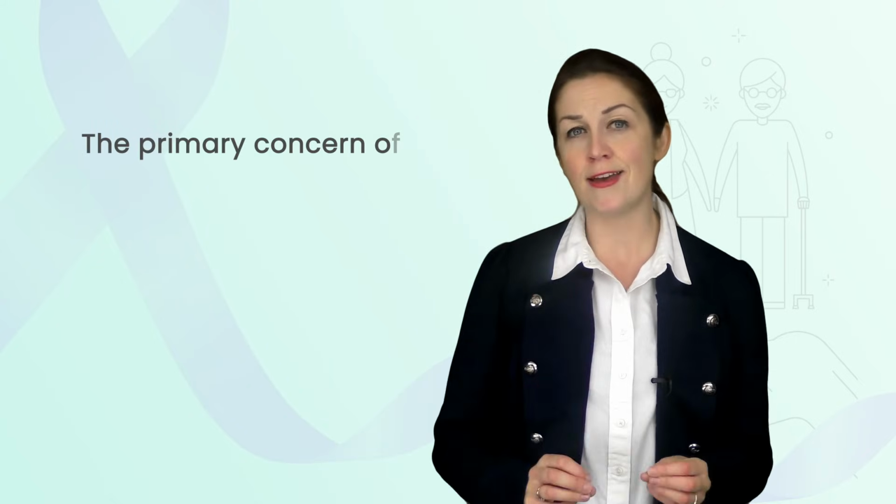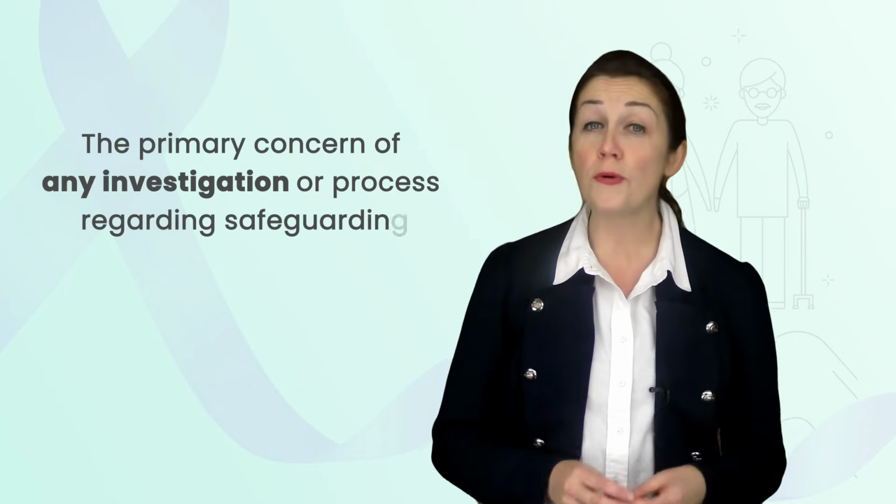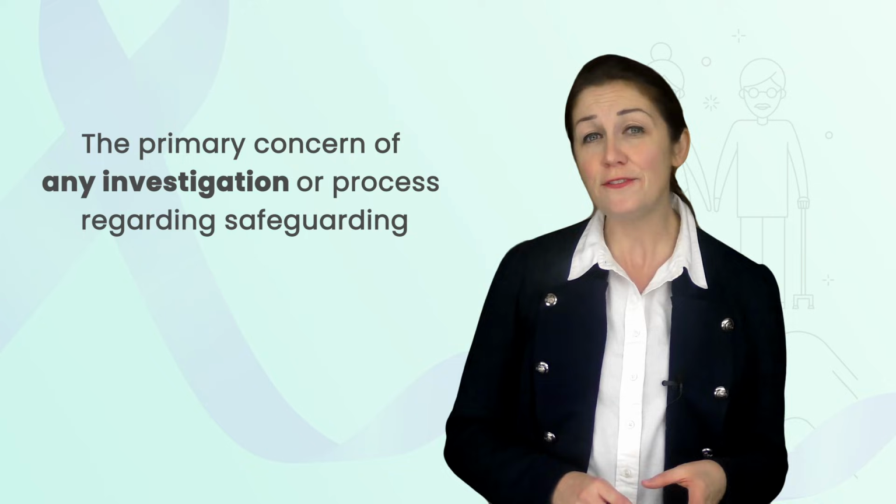Whilst the well-being of a vulnerable adult at risk should always be the primary concern of any investigation or process regarding safeguarding, it is important to remember that laws and policies are in place to protect their interests at all levels.